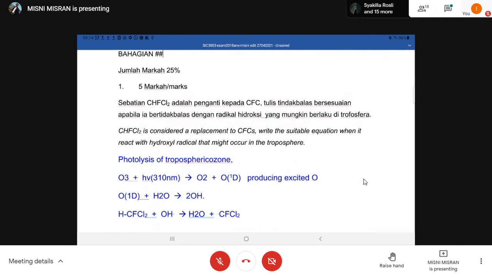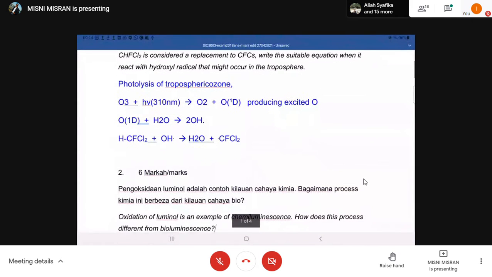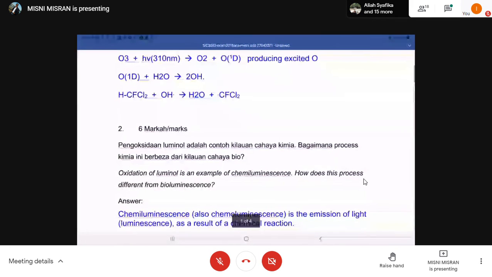So this is a very short question, but normally if you don't see the answer, it's very difficult for you to answer, right? If you don't see the answer, it'll be difficult for you to decide which one to write and so on. Now you've seen the answers, so it will look easy. Okay, that's why 5 marks were given, right?